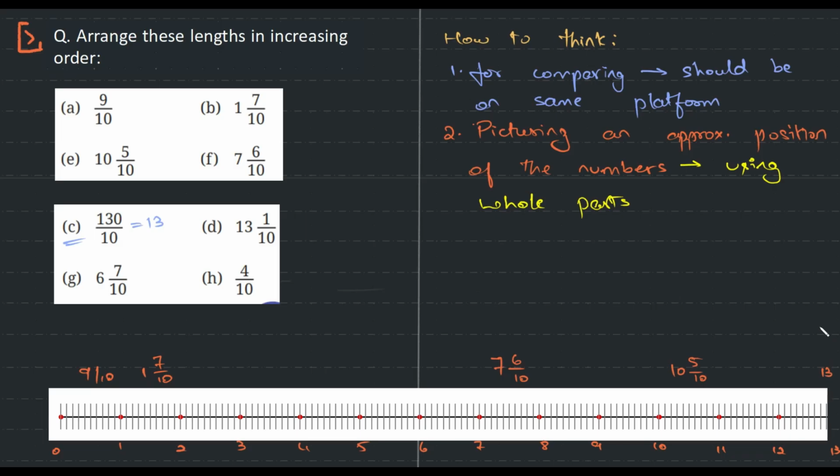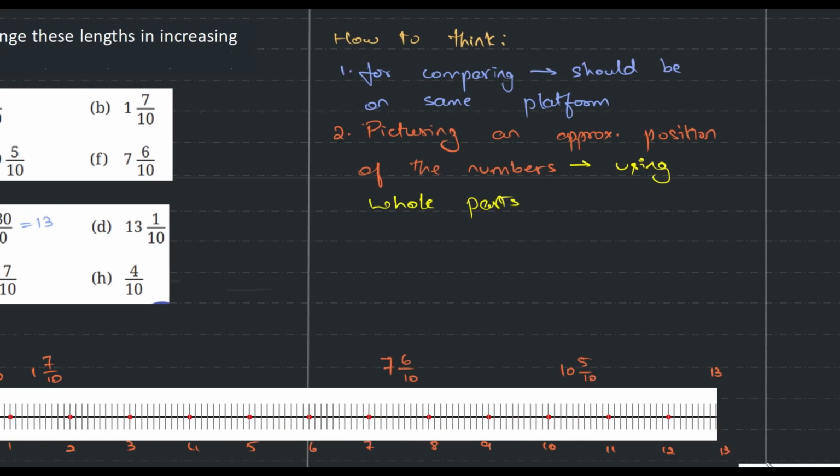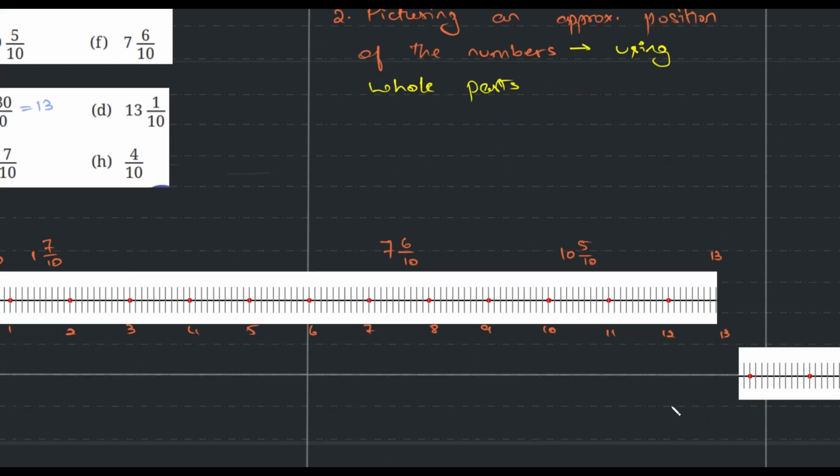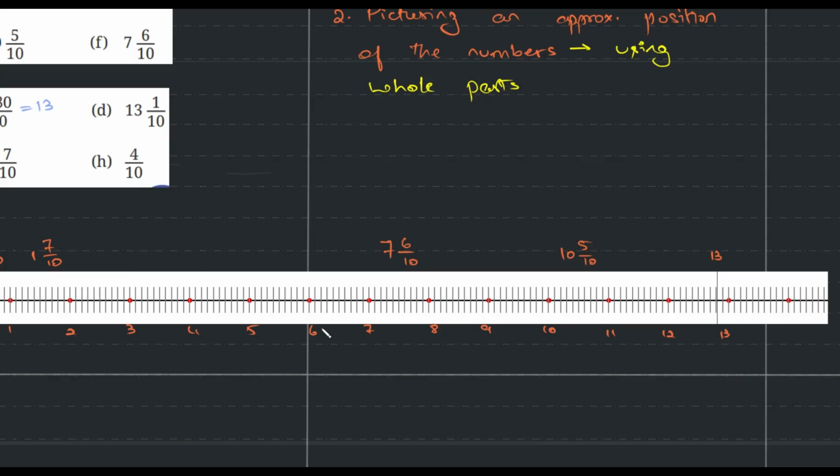Then 13 is over there, and 13 1 by 10 is 13 and 1/10, greater than 13. What do you guys think? It is, guys. Actually, I could have extended this. It is over here. Let me do that. Let me take a second. So this is 13. 13 1 by 10 will be, yes, more than 13, guys.